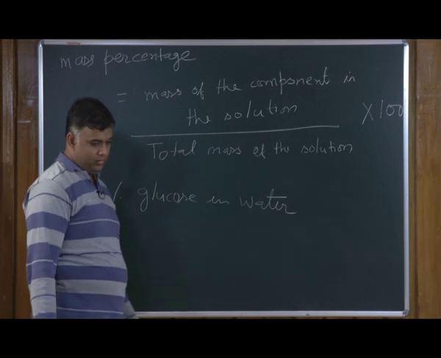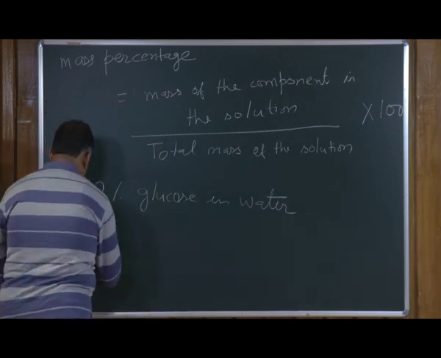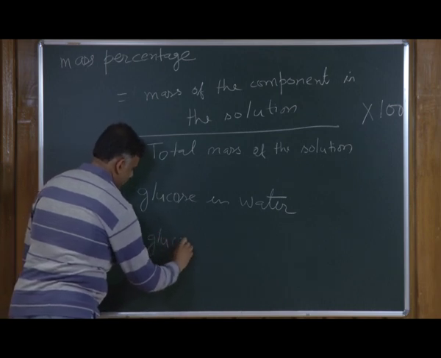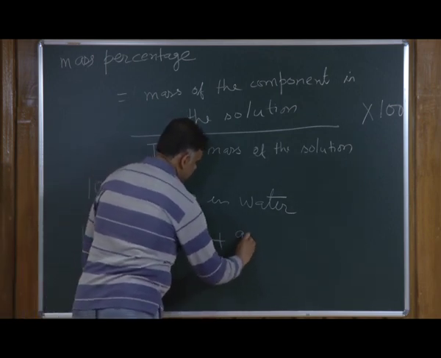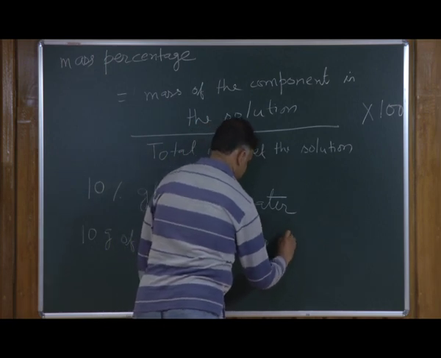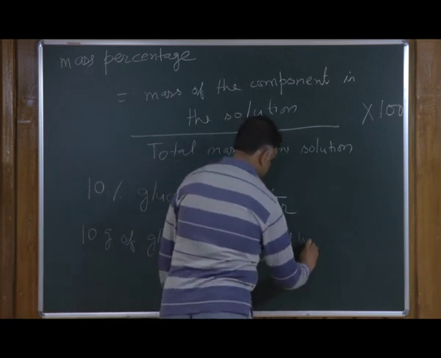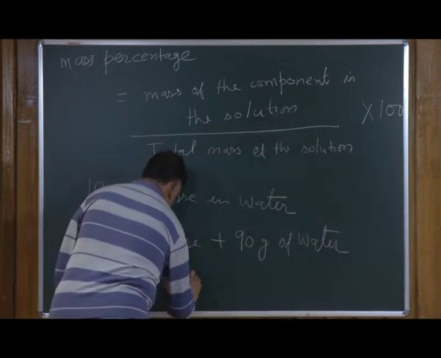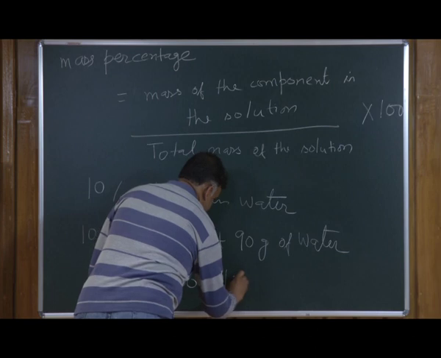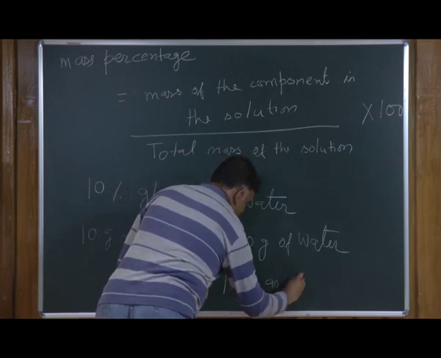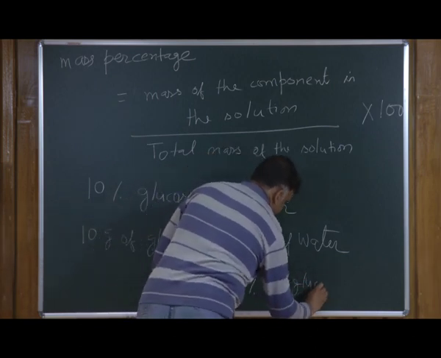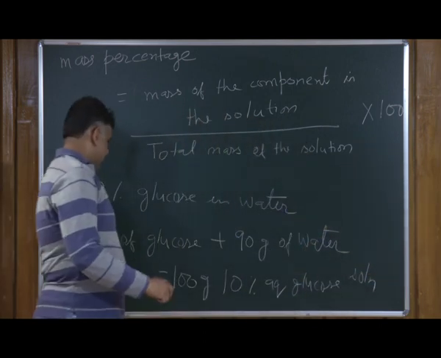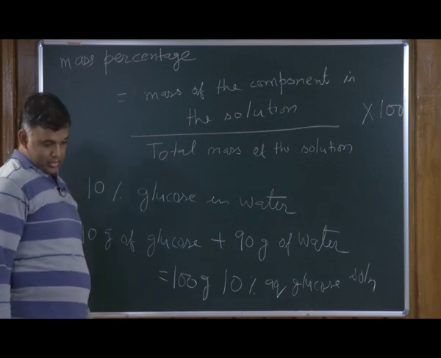That would mean 10 gram of glucose plus 90 gram of water to give me 100 gram of 10% aqueous glucose solution. So, I think this is straightforward.